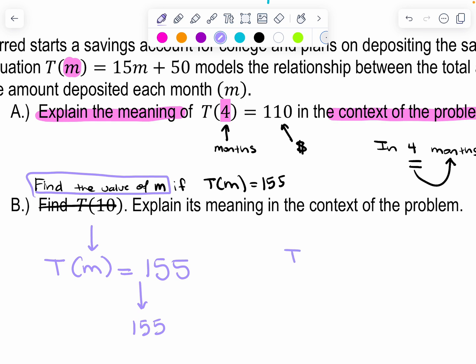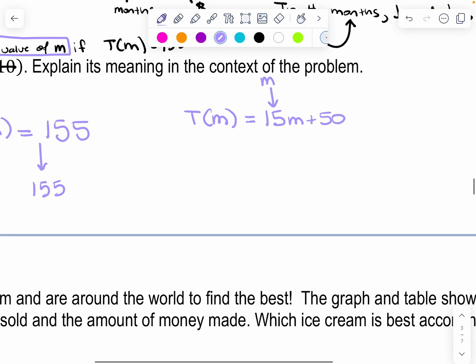So I'm going to go to the equation machine. So that's back in the story. And again, what's the question? The question is, what do we have to put in? And again, the input's always in parentheses. What does the M have to be so that I get 155 out?